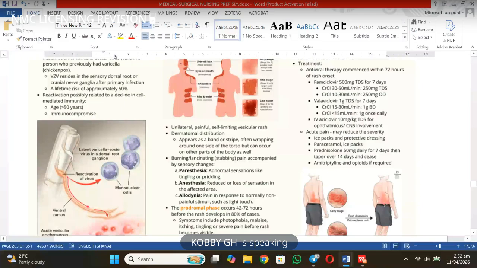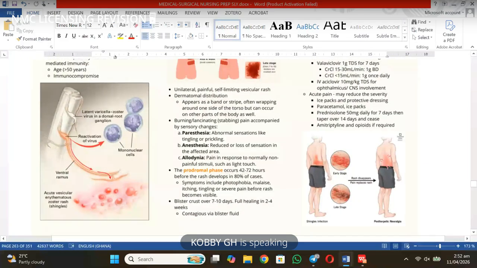Unilateral. But herpes simplex can be bilateral. That one may not be limited to one area or one side of the body. It can be everywhere, all around your body. Is that okay? All right, that is fine.